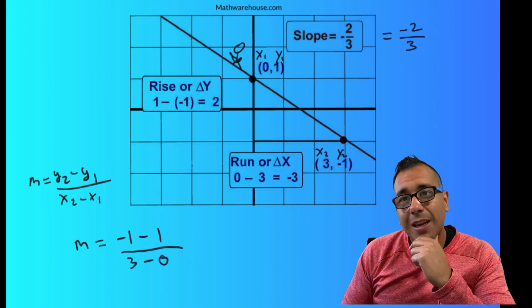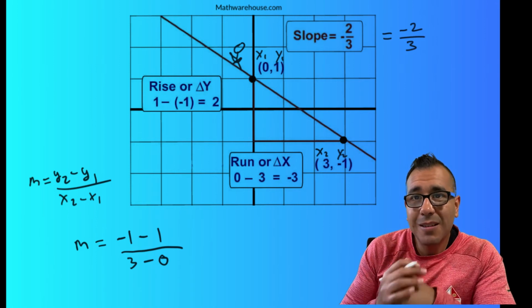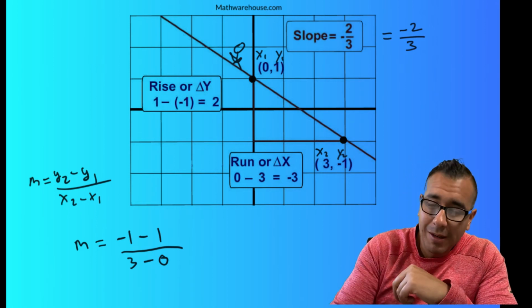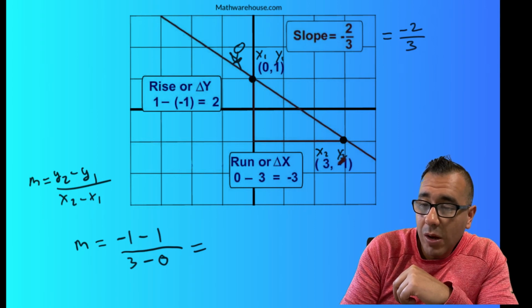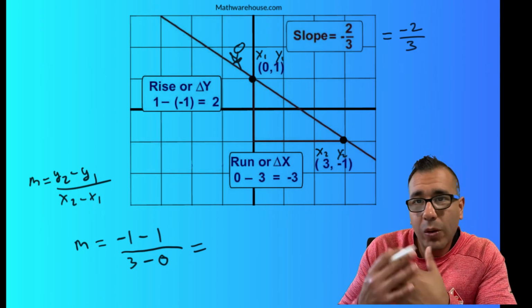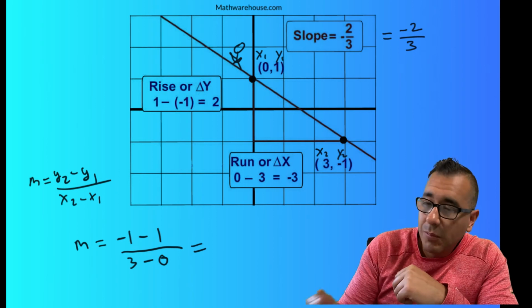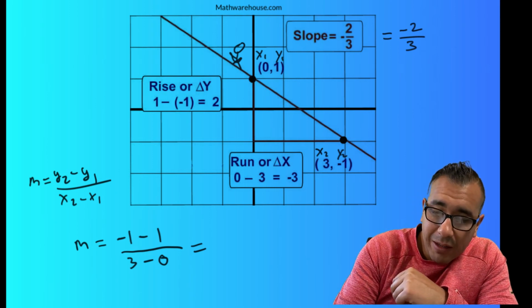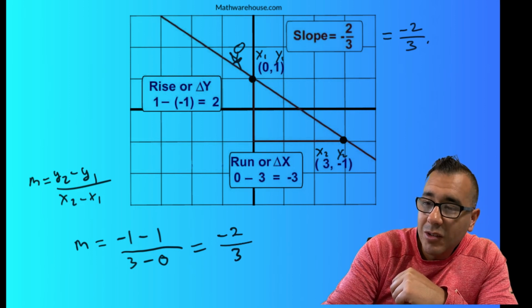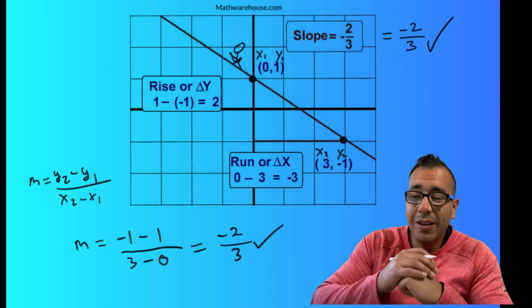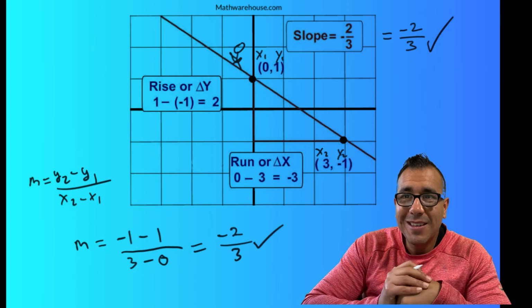And what's awesome again is if I switch the order, if I call this x1, y1, x2, y2, we get the same answer. And that's the beauty of this. So negative 1 minus 1, we get negative 2 divided by 3, just like we expected, right? So hopefully this is making sense.